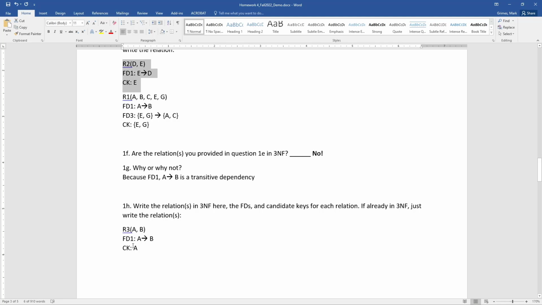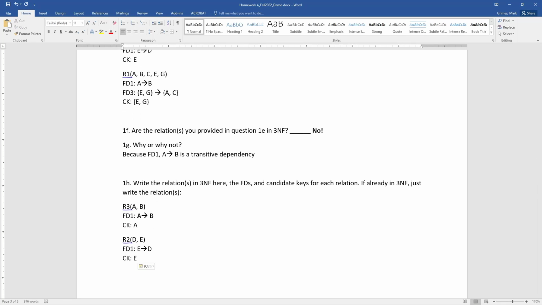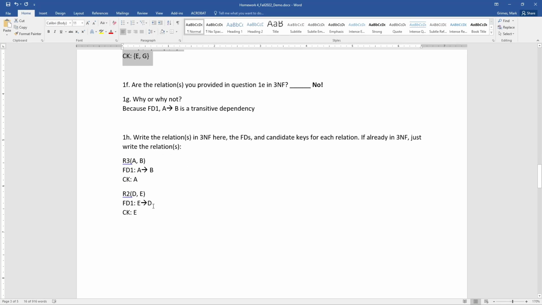And then relation 2 up here was not impacted by any of this. And then our original relation 1, since we are doing this, we need to leave behind the determinant A, but we're going to get rid of the dependent B, and we're getting rid of this functional dependency here.